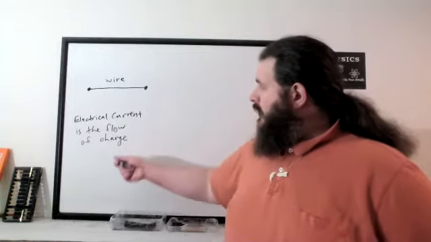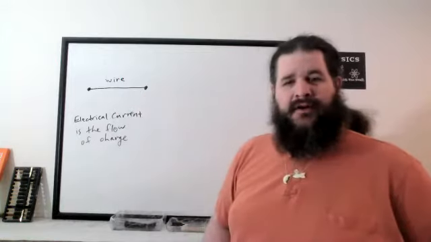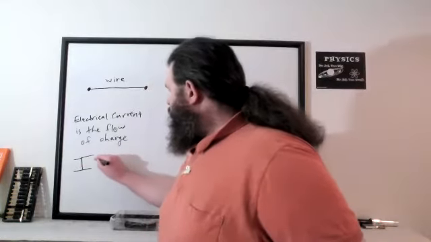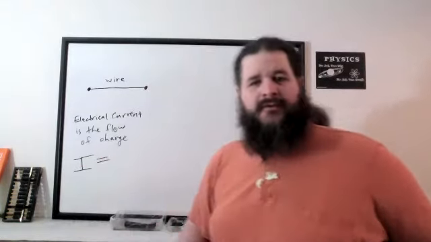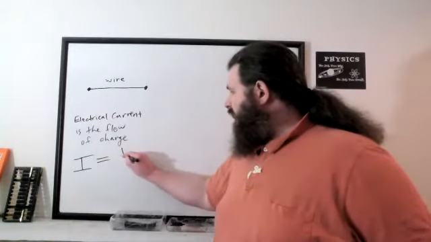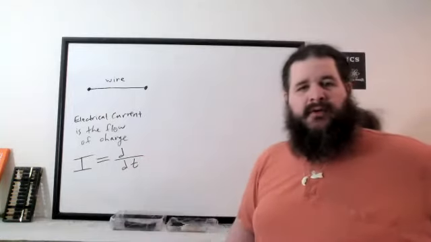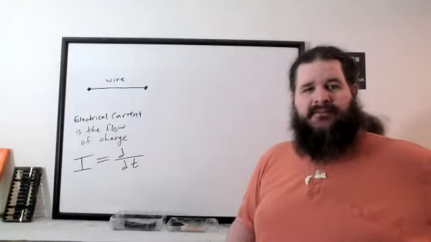So you've got the flow of charge across the wire from one point to the other. And we can define current in very much the same way that we do for fluid flow. We're going to define it as a rate of change, change in something over change in time. For fluid flow, we would measure how much volume per time, number of cubic meters of fluid per second.